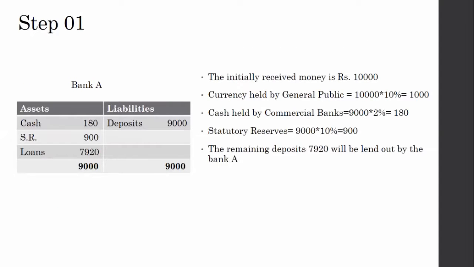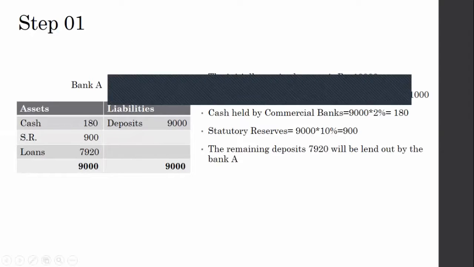So when this person has 10,000, they will keep 10%, which is 1,000, as the cash or currency held by the public, and the remaining 9,000 comes as deposits for Bank A.